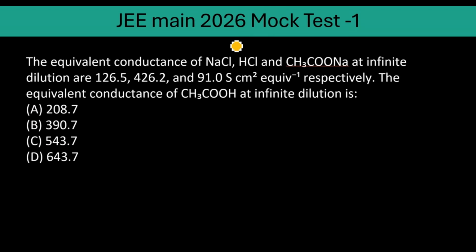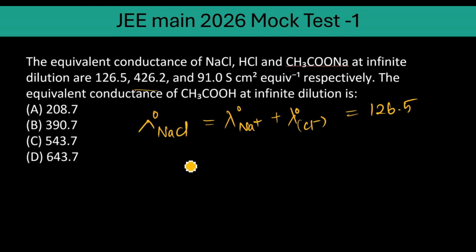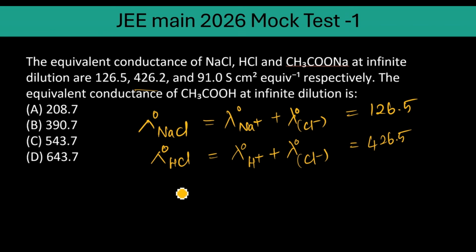The equivalent conductance of NaCl, HCl and CH3COONa at infinite dilution are 126, 426, 91 respectively. The equivalent conductance of acetic acid at infinite dilution is. So how can we solve it? We know that NaCl will give you Na plus and Cl minus, that is 126.5, and for HCl, that is H plus and Cl minus, that becomes 426.5.